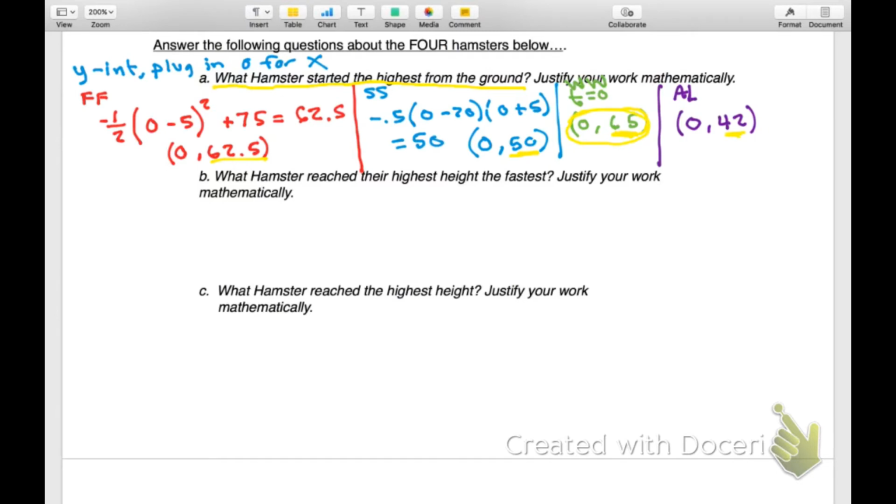And Al started at 42. We're just looking for the highest value, and it's hamster number 3, the Wiggling Wonder. So he started the highest, 65 feet off the ground.